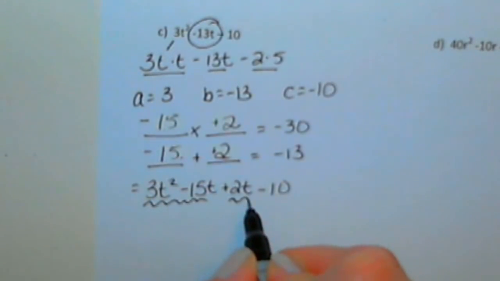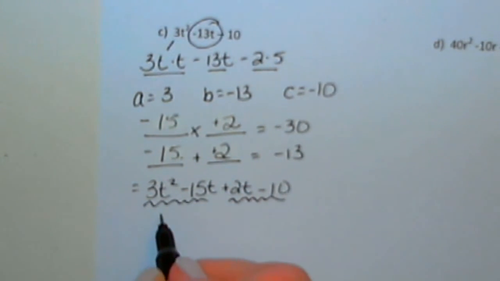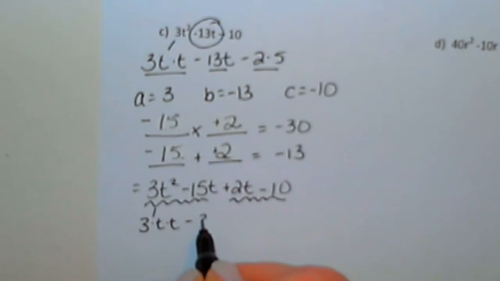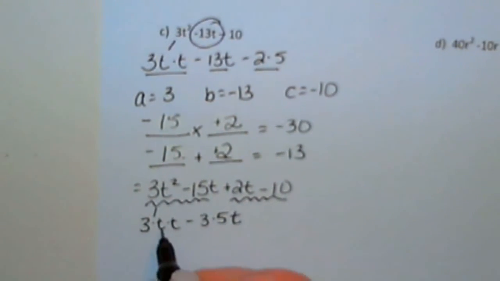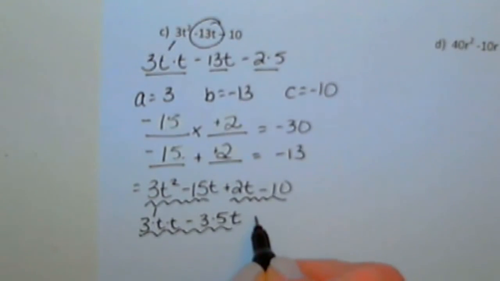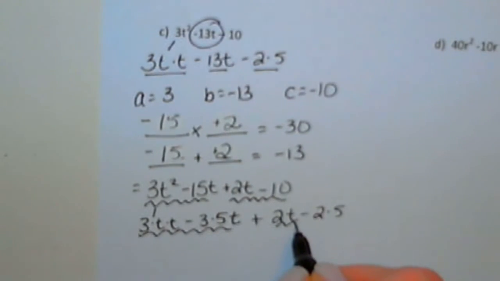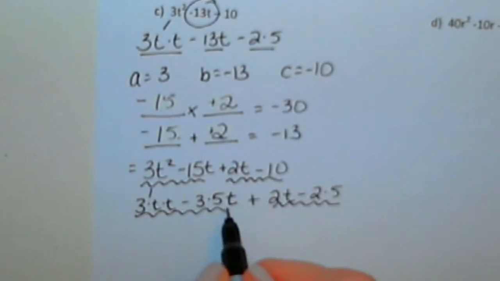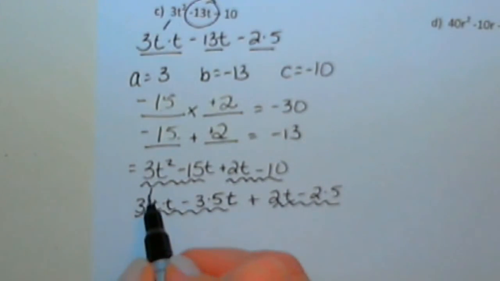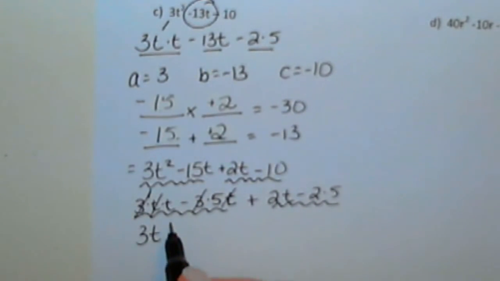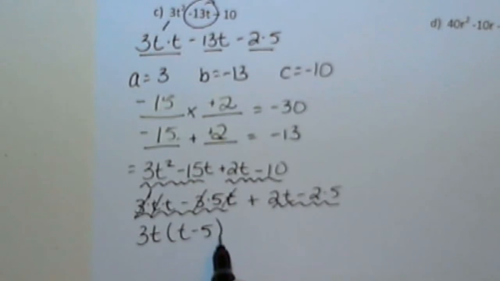Squiggly underline, and break this down. 3 times t minus 3 times 5t, and then plus 2t minus 2 times 5. What does the first set have in common? They both have a 3 and a t. So 3t, what's left? A t minus 5.